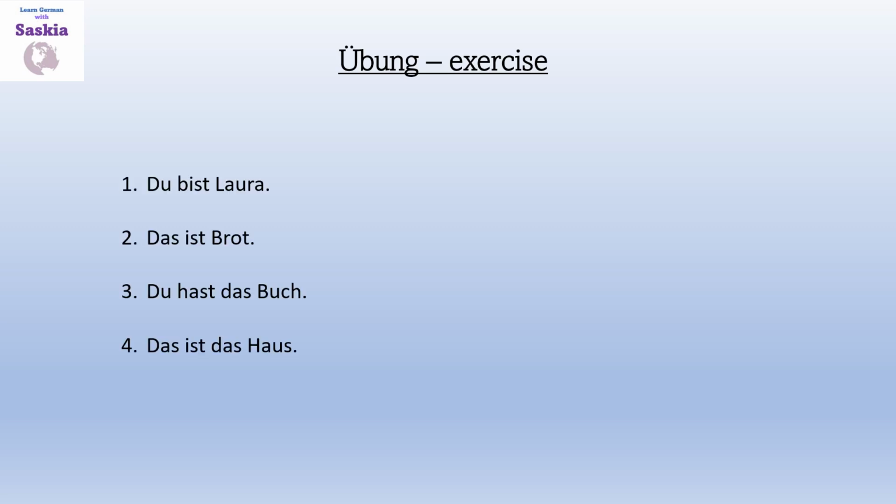Okay, so let's look at the first one. So the first one here we have du bist Laura, which means you are Laura. Du bist Laura. And how would you make a question out of this sentence? Yes. So we would simply change the structure of the subject and the verb.